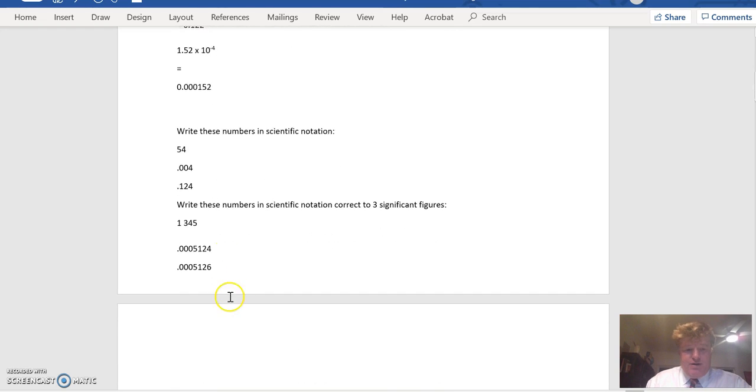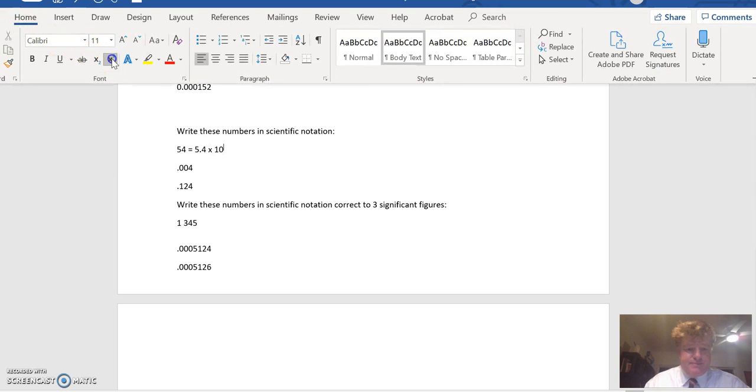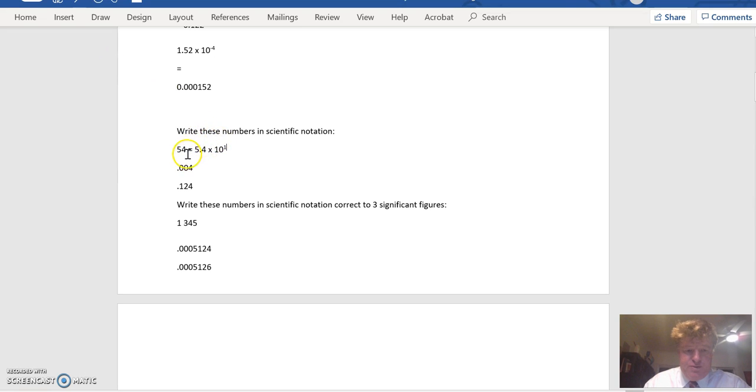Now, going in the opposite direction, 54. To make it 5.4, we're going to have to move the decimal place 1. When we're writing in scientific notation, we always start with one number before the decimal point. So in this case, 5.4 by 10 to the 1, because we've moved the decimal place 1.